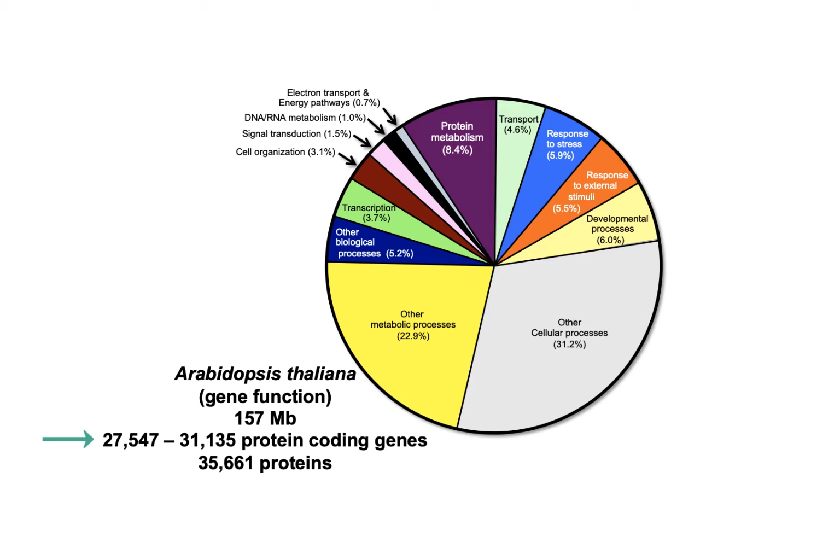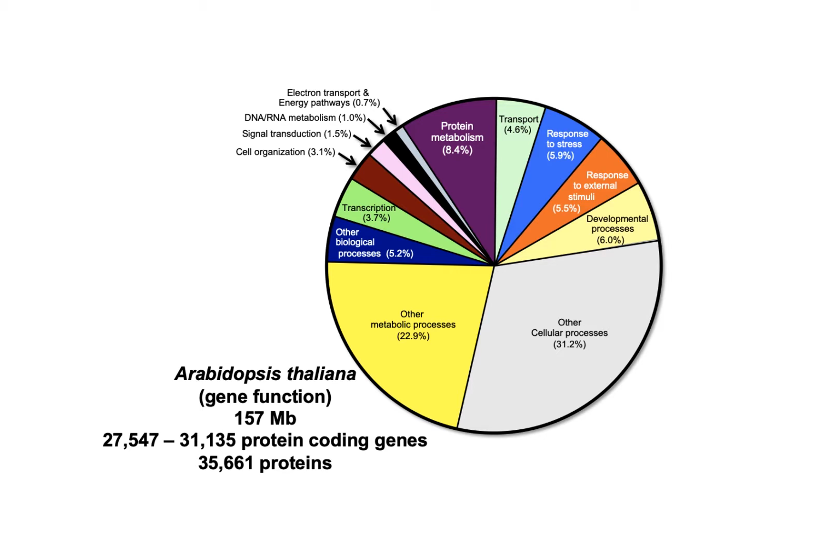It has between 27,500 and 31,000 protein encoding genes, and is able to produce about 35,500 different proteins. So there is some alternative splicing going on in Arabidopsis, but it's a much smaller amount of alternative splicing than you see in animals, for instance.